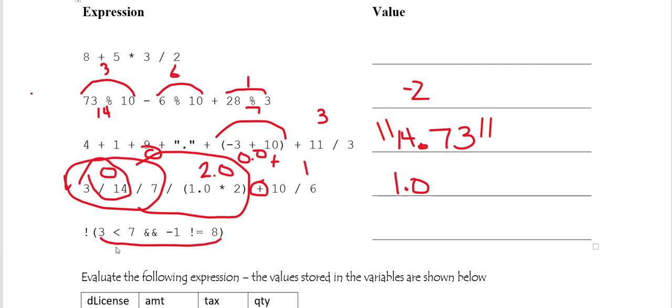Is 3 less than 7? That's true. And here's the next relational operation. Is -1 not equal to 8? That's true. Now we'll AND those two values. True and true results in true. So the result of the parenthesis is true, but notice what operation is in front of the parenthesis is the not. So the not of true is false. So this answer will be false.